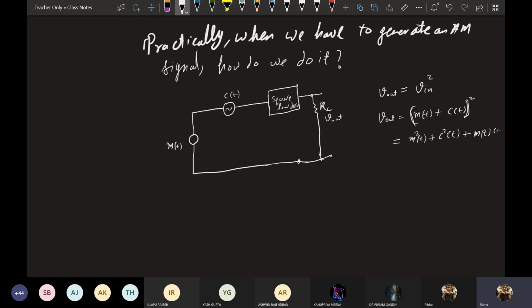This won't work because it is not a square law device. So we'll have to use the diode. My bad. So the square law device will work in the next section, not here.